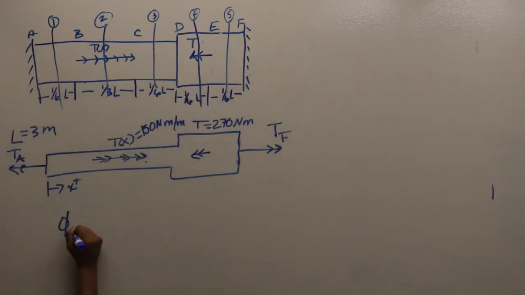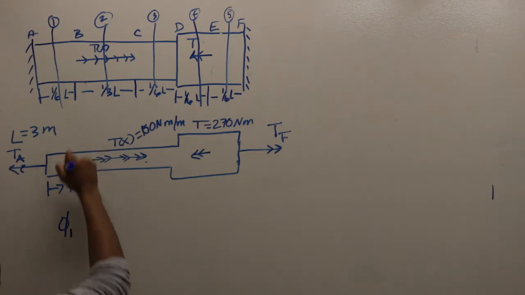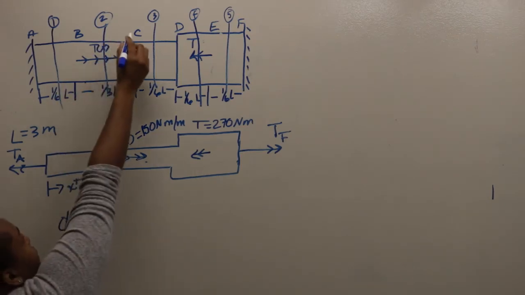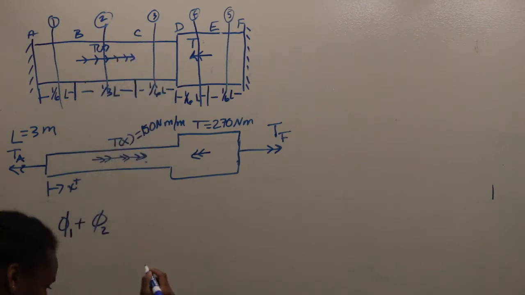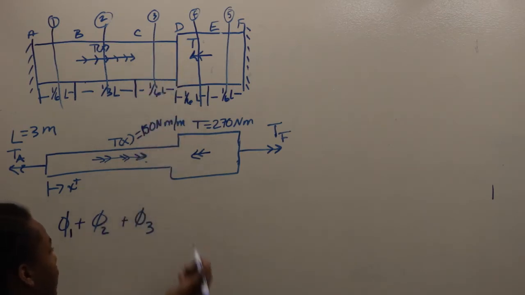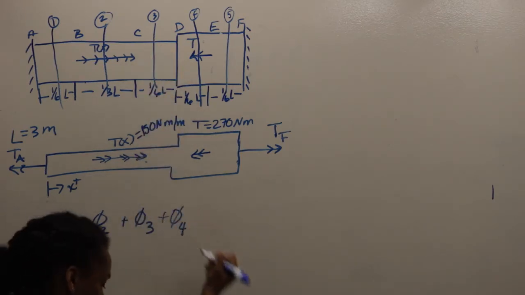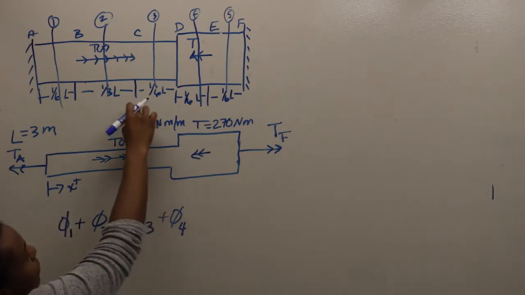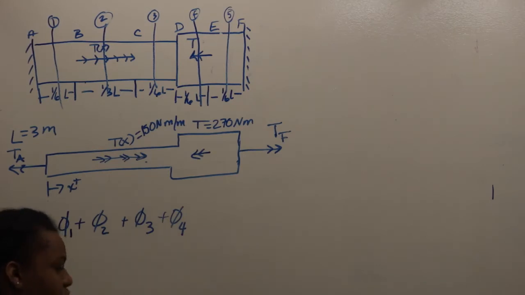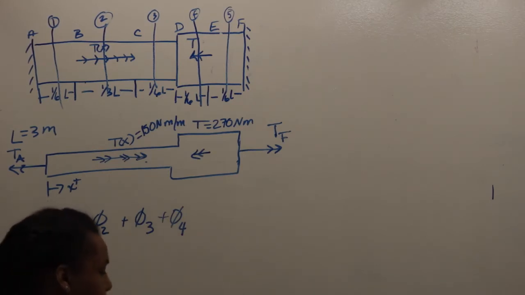So first we're going to do the angle of twist of 1, which was the first cut, plus the angle of twist of 2, which is really the end of that cut, plus the angle of twist of 3, which is that cut, plus the angle of twist of 4. 3 takes into account the smaller diameter, 4 takes into account the larger diameter, but you know T3 equals T4.